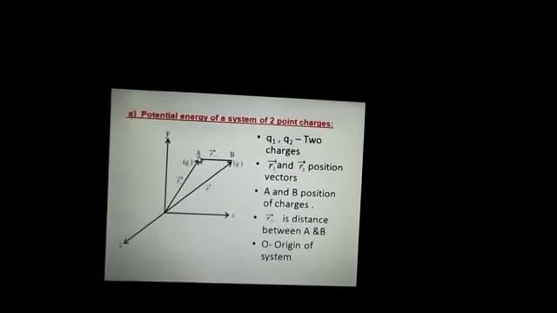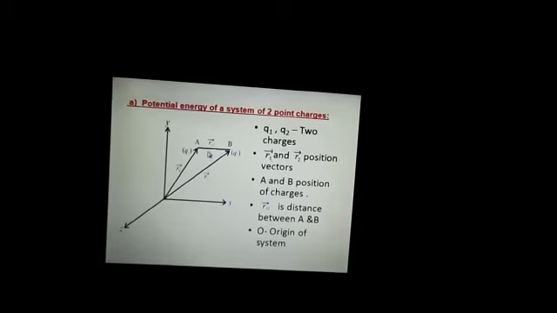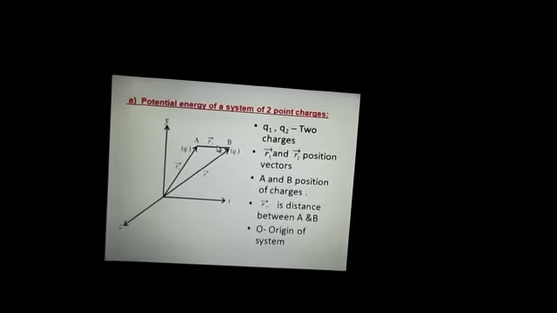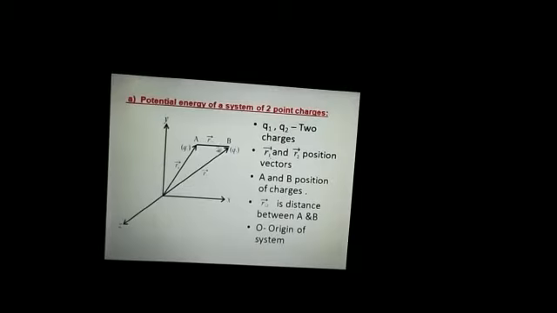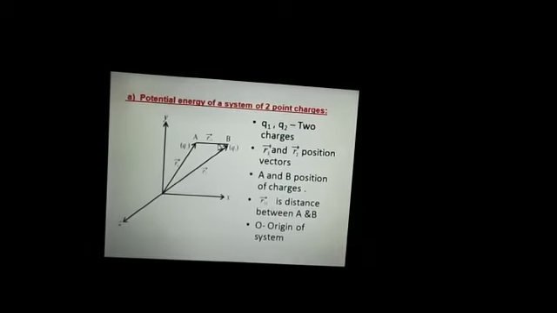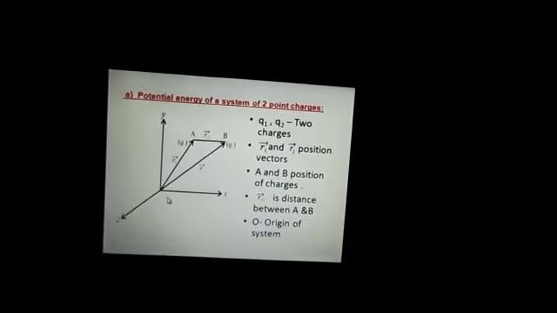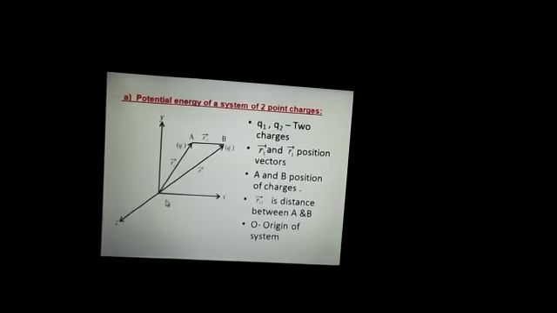Q2 is placed at point B, having position vector r2, where r12 is the distance between the points A and B. Here O is the origin of this system. Now these two charges Q1 and Q2 have position vectors r1, r2 that originate from the point O.